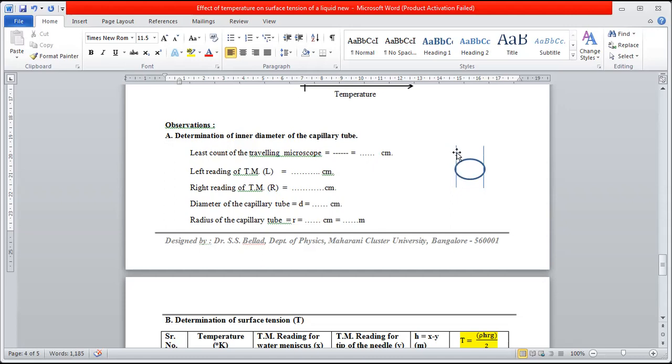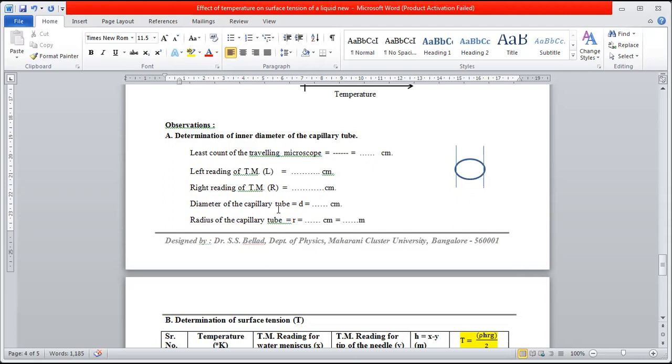Adjust the vertical cross wire to the left end of the inner diameter of the capillary tube and take the reading. Then move the traveling microscope to the right side and take another reading.